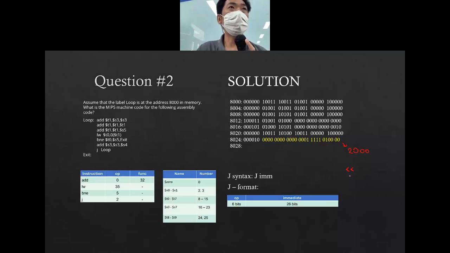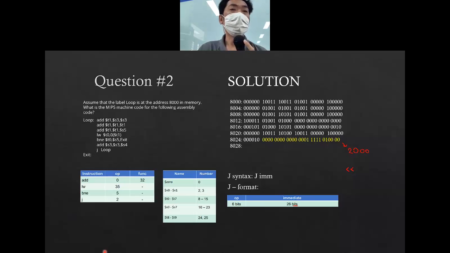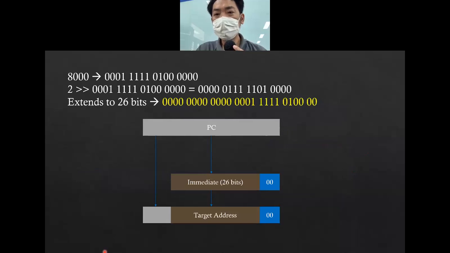Do we specify it in byte or in word? We use the unit of word, which is 4 bytes. One word is equal to 4 bytes. That is why if you would like to go to the address 8000, we need only 2000 here. So please verify the value of the 26 bits here to be 2000. If it is, this is great.